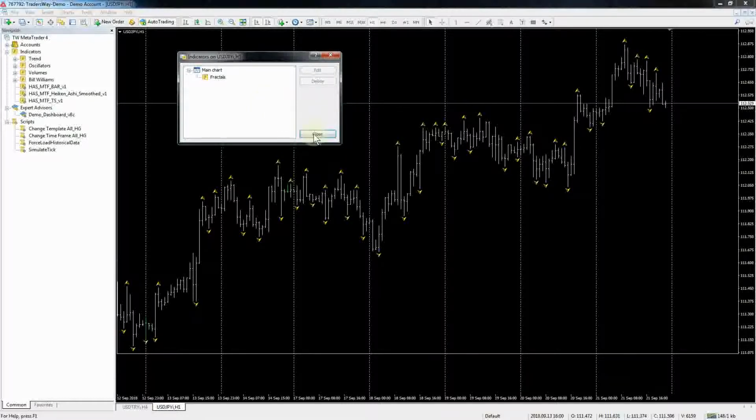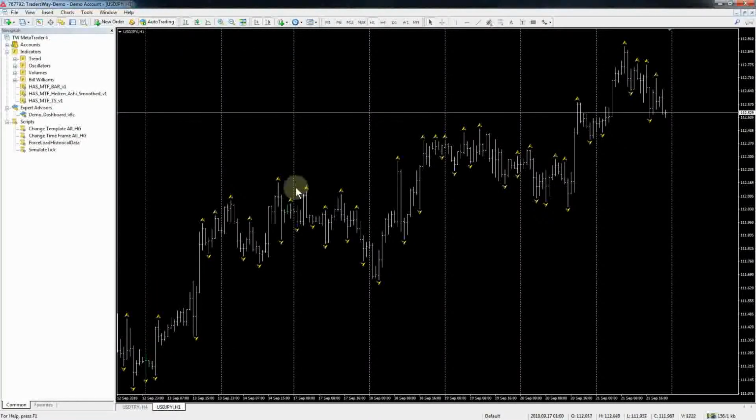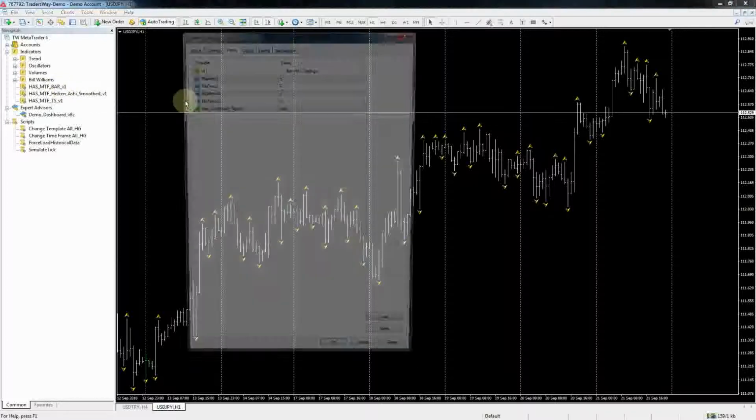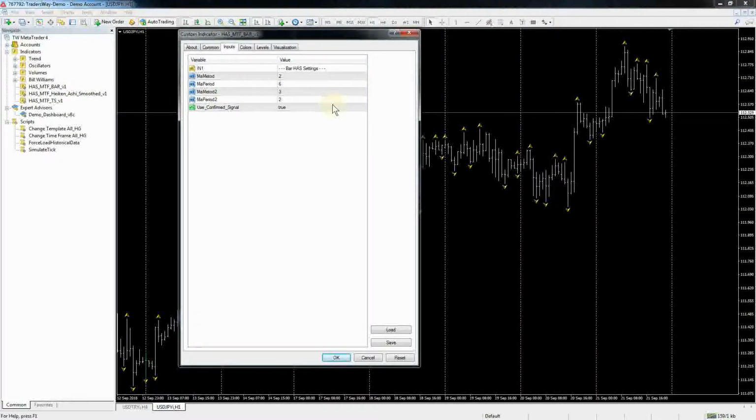What I would normally do is start with a blank chart, put the fractals on there, and then load my bar indie. And as you can see, the default is 2632, and we are using confirmed signal.